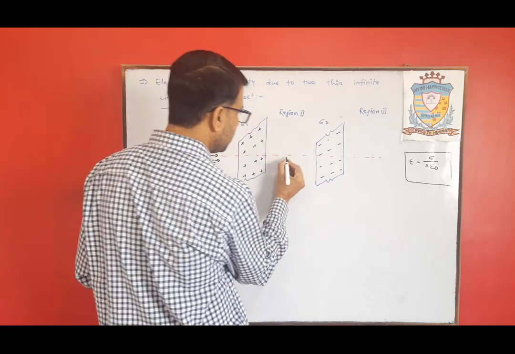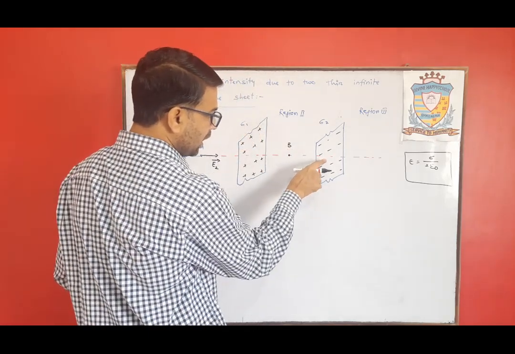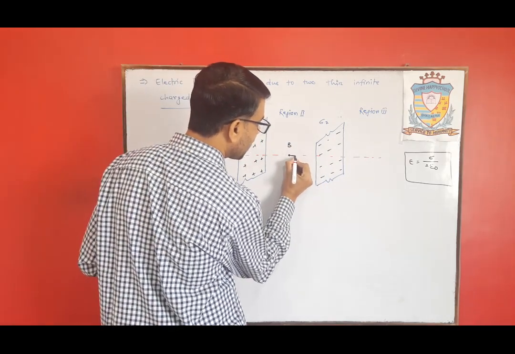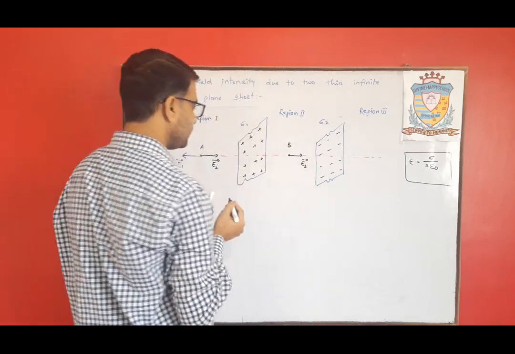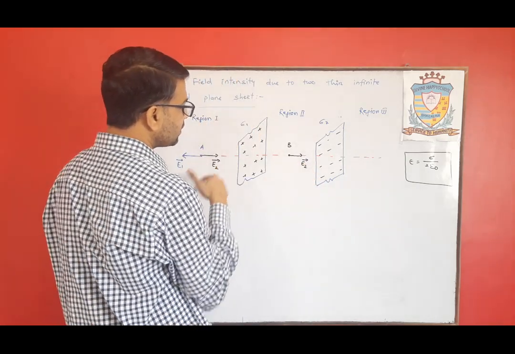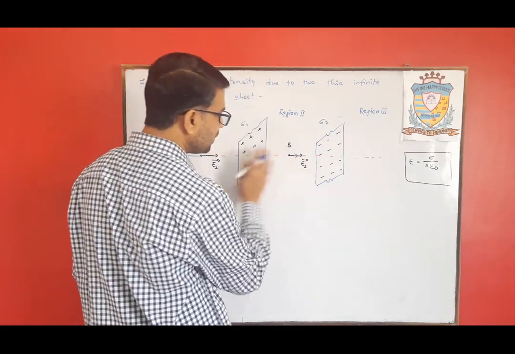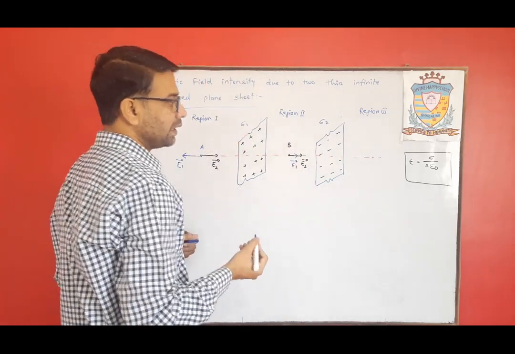Okay, here at this point B, as you can see this is the negative plate. That means the direction of electric field intensity is towards the plate. And what about plate 1? The direction of electric field intensity due to this one is outward. That means this will be the direction of electric field intensity.